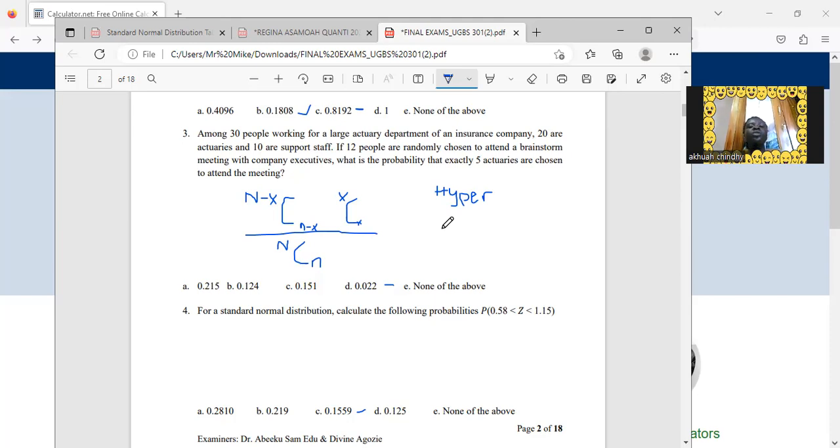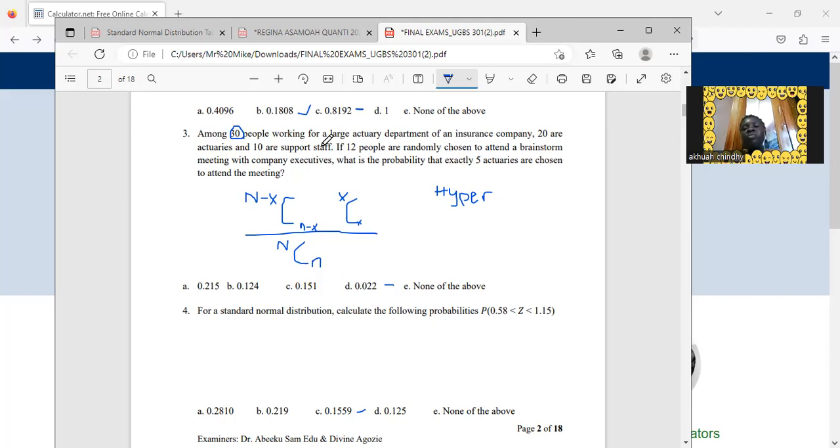So from this question, the big N is the 30, because it says among 30 people working for a large actuary department of an insurance company. So in that department, the entire population is 30. They are saying that 20 are actuaries and 10 are support staff.